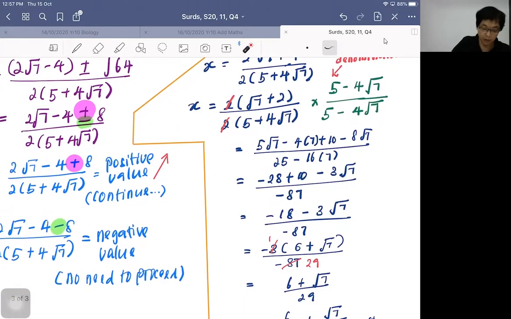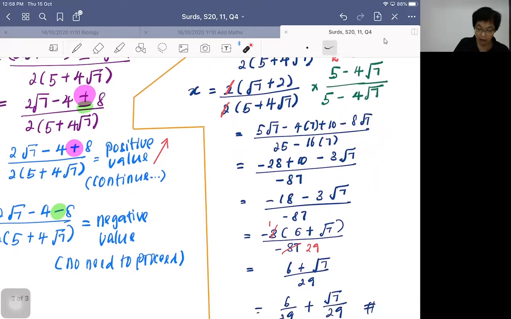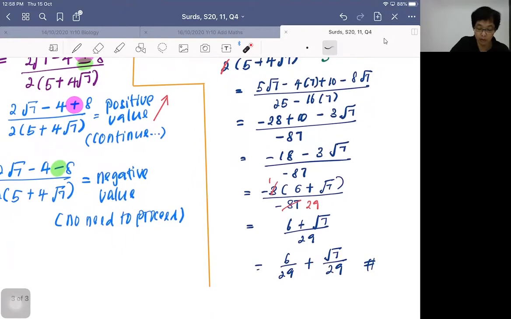As you go on from here, you expand this to get this, and then expand this to get 4 times root 7 times 4 times root 7. Where does the 7 come from? Be careful: surd 7 times surd 7 produces 7. Then 2 times 8, 2 times 5, you get this, and then 2 times negative 4, you get this. Simplify, and from here you're almost successful.